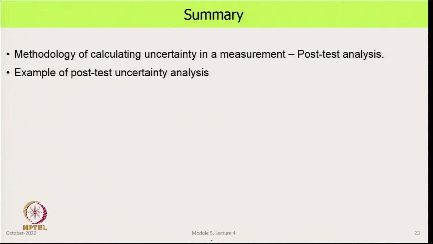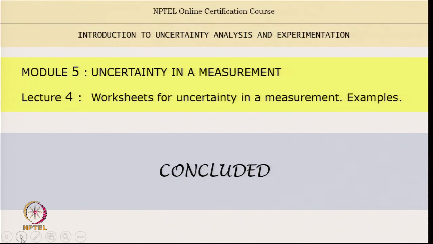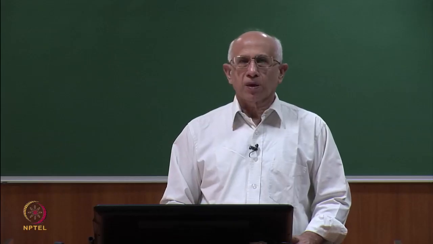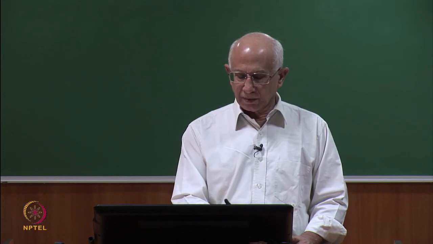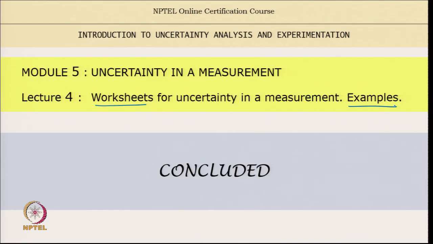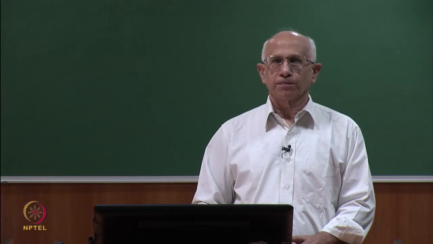In this lecture, we presented the systematic methodology of calculating uncertainty in a measurement, largely related to post-test analysis, and we looked at one example of post-test uncertainty analysis, and we also looked at another instrument whose information we could use to decide how good that measurement is likely to be. So, with that we will conclude this lecture, where we have covered worksheets and seen examples for uncertainty in a measurement. Thank you.